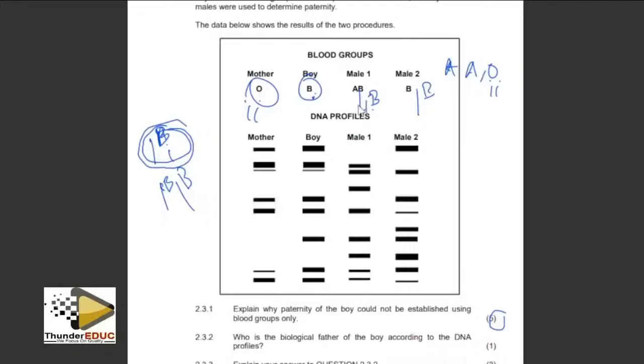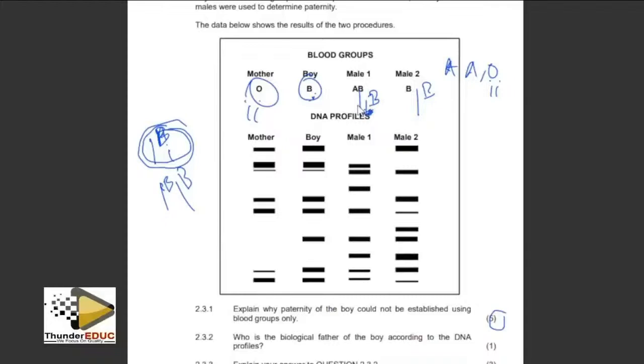Now, how do you write this? Only blood group A and blood group O are going to be wiped out, so they cannot be the father. So you get those 2 marks already. And then the male with blood group B can give this allele for B to the boy, so he can be the father.